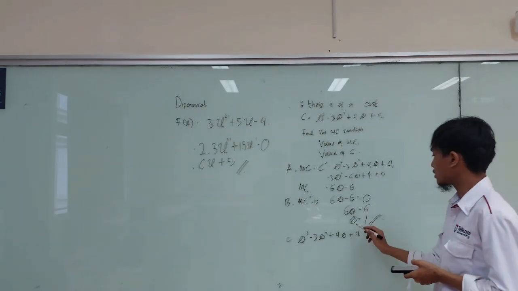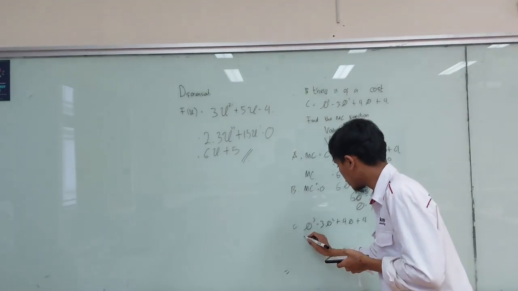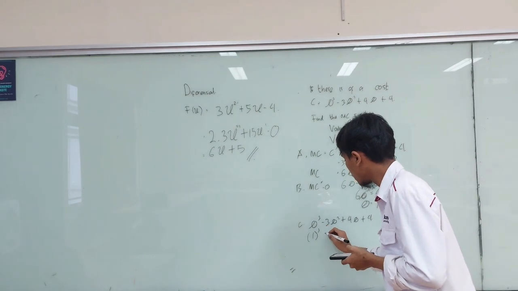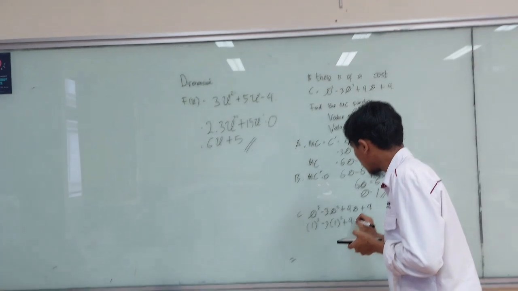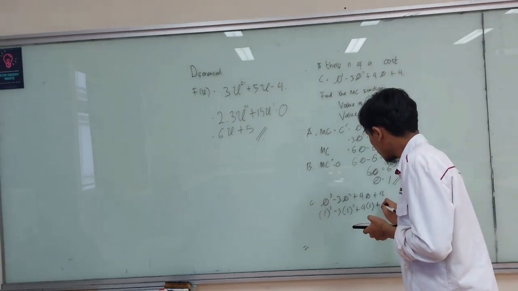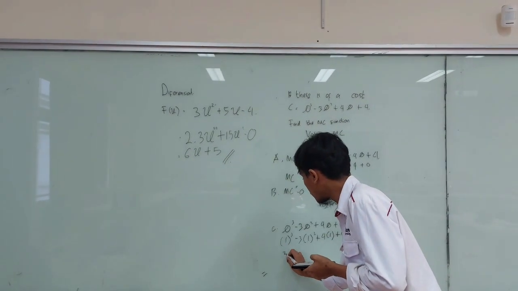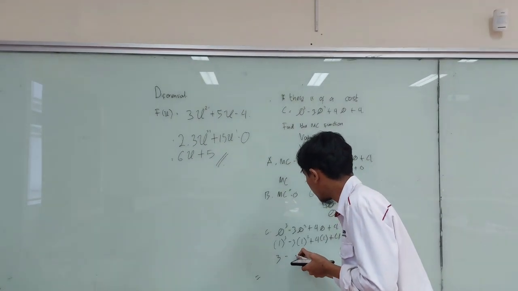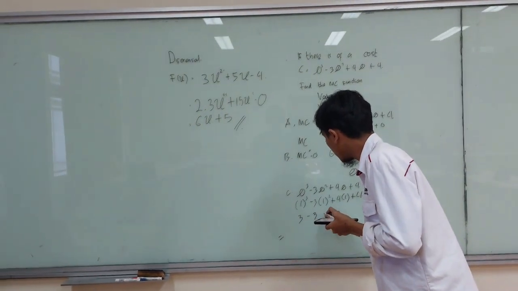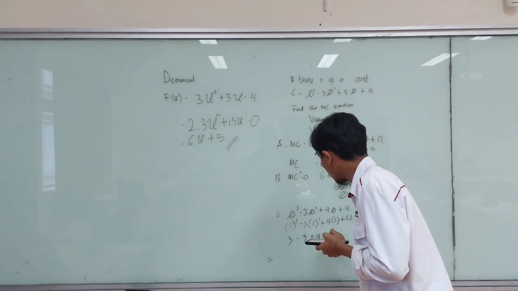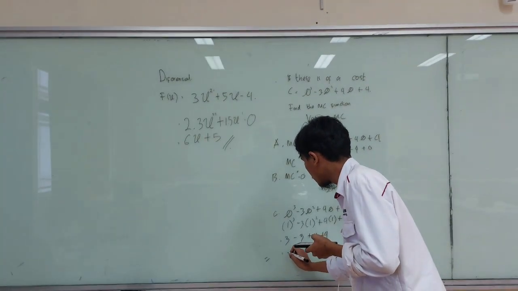Because we have found that the value of q is only 1, substitute it. 3 plus 4 plus 4, 8.